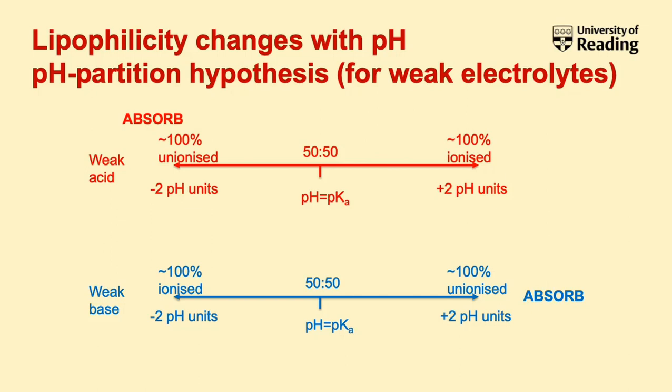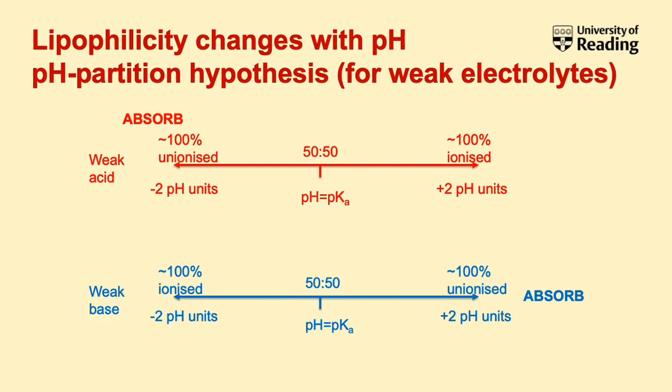So first of all, let's look at a weak acid. A weak acid will have 50% ionized and 50% unionized when the pH of the solution equals the pKa of that weak acid. And if you go to lower pH, then you're going to have more of the unionized form.